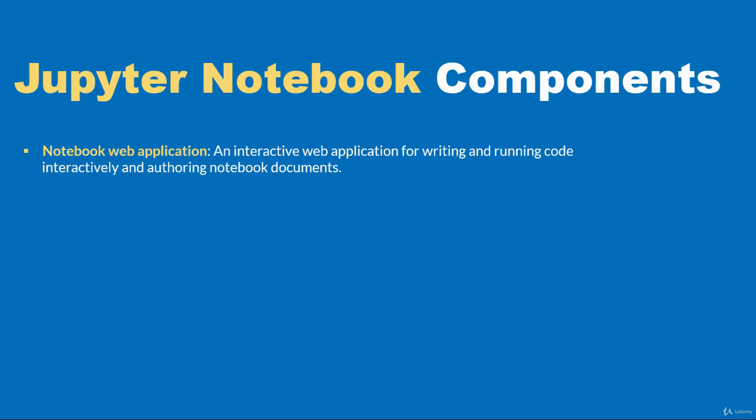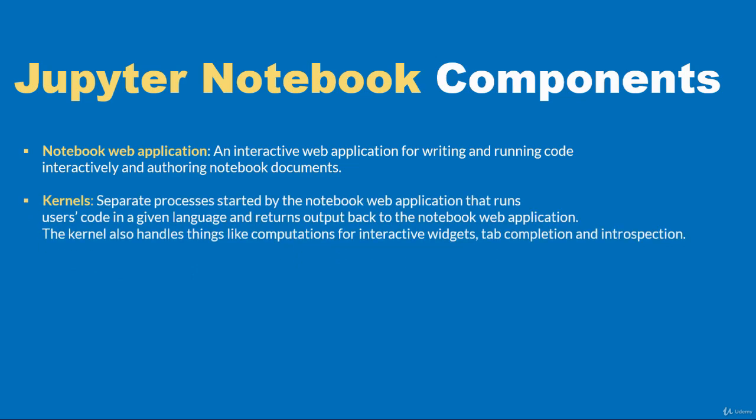The second Jupyter Notebook component is called the kernels. The kernels basically are separate processes started by the notebook web application, and it usually runs the user's code in a given language. The default language is Python, but it can run in other languages.